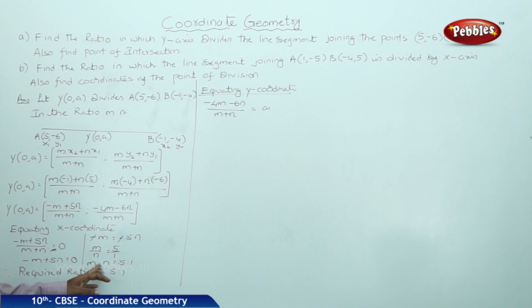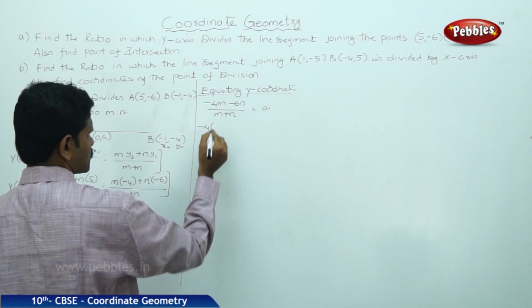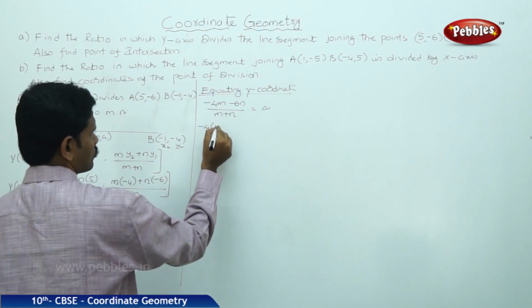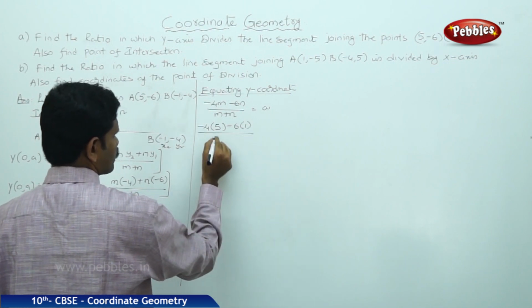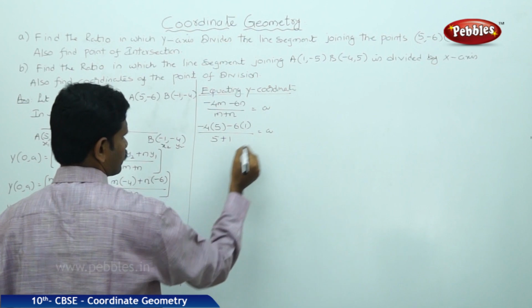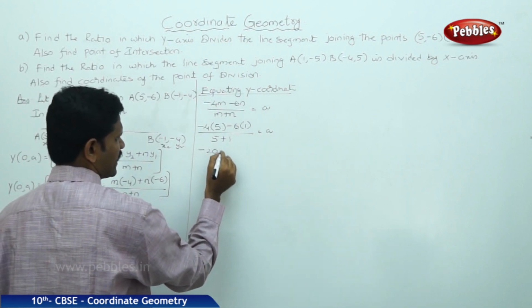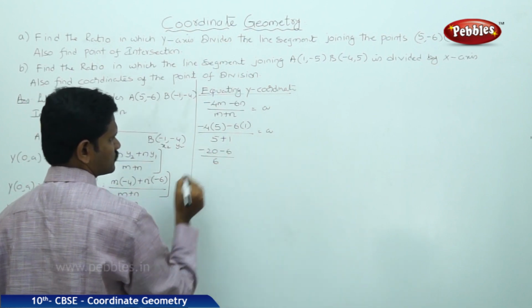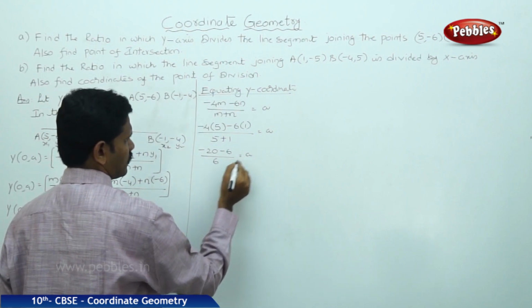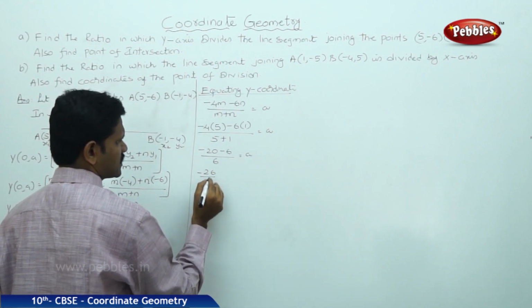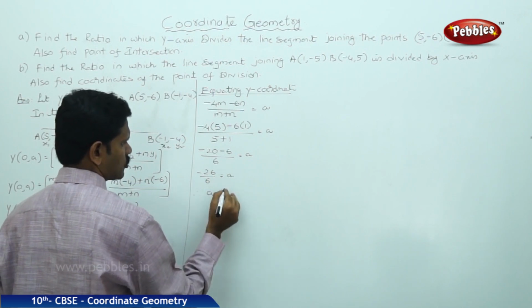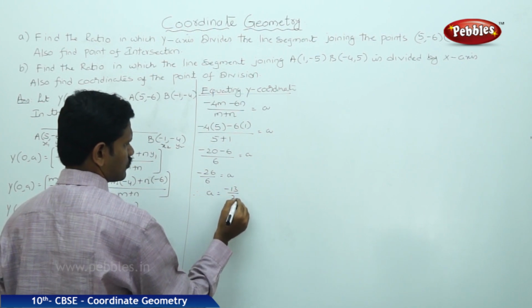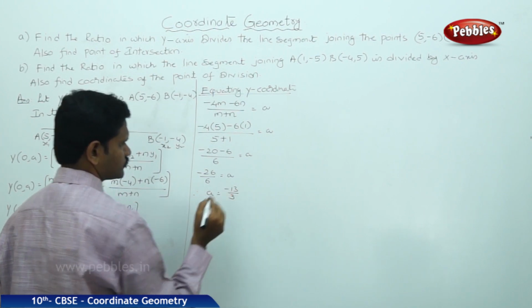Now here m value is 5 and n value is 1: minus 4 times m value 5, minus 6 times 1, by 5 plus 1 is equal to a, (minus 20 minus 6) by 6 is equal to a, minus 26 by 6 is equal to a, therefore a is equal to minus 13 by 3.